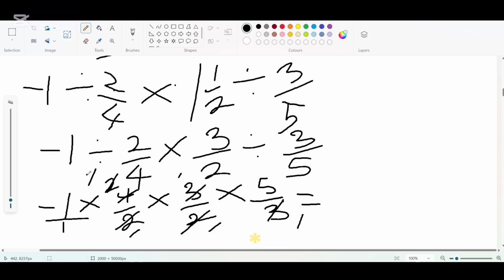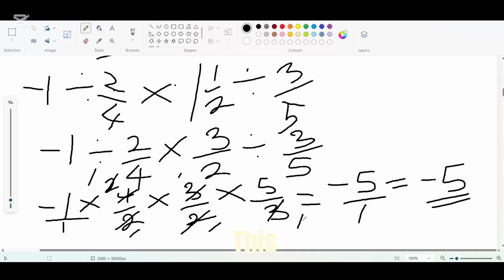Minus 1 times 1 times 1 times 5, so it's going to be minus 5. Then the denominator is going to be 1 times 1 times 1 times 1. Minus 5 over 1 is, of course, still the same as minus 5. So this is going to be the final answer.